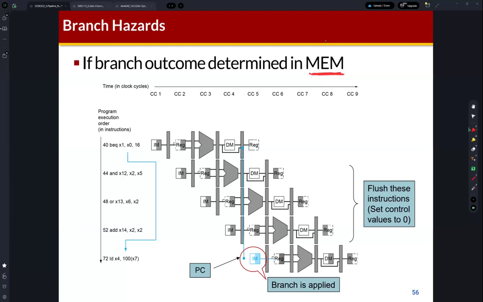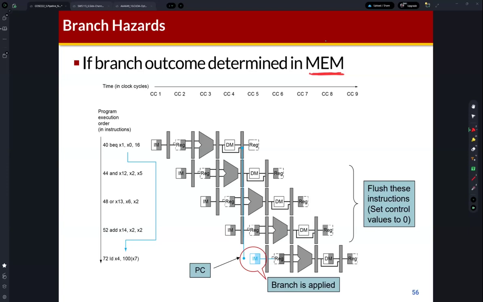Which means in the ALU, one clock cycle is taken for the branch instruction. And then this result needs to be propagated into the memory stage, and then this result is given to the PC, right? Do you understand? So the result of the branch instruction is updated when this branch instruction is in the write back stage. Do you understand?